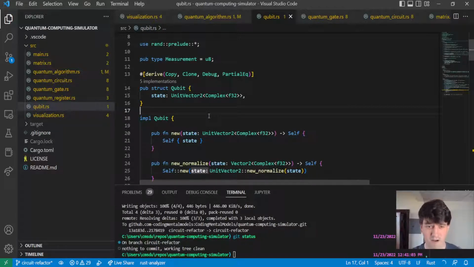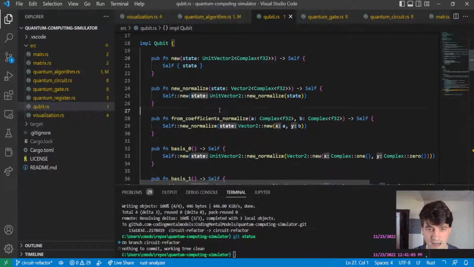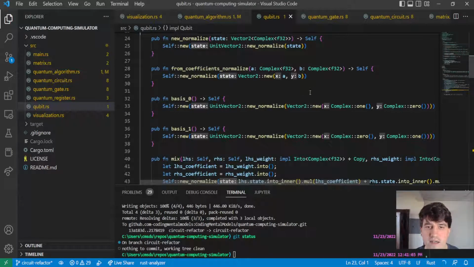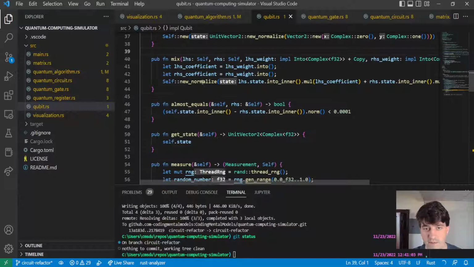I guess they're called members in Java. So it would have some member that's state of the type unit vector, and then it would have some functions like a constructor, which is essentially what this new function is. Might have a few different constructors, and then would have some methods associated with it.